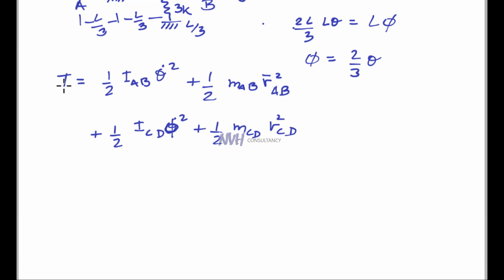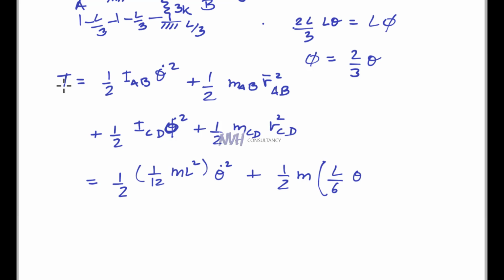Now you know that the moment of inertia of each of these slender rods is 1 by 12 m l square. So then that is equal to half times 1 by 12 m l square into theta dot square as it is, plus half into M_AB, which is M, and the velocity is given by L by 6 theta dot.